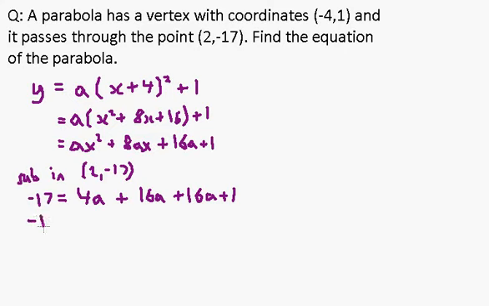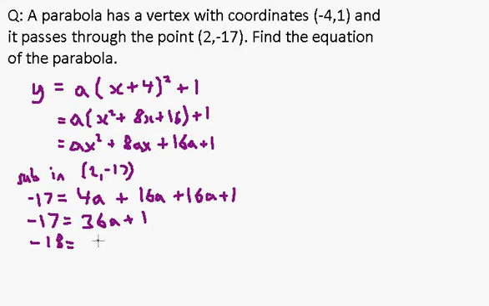So let's bring all those expressions in a together, collect like terms. 4a plus 16a is 20a, plus 16a is 36a. I've still got that plus 1 on the end, don't forget. So let's take 1 from both sides.